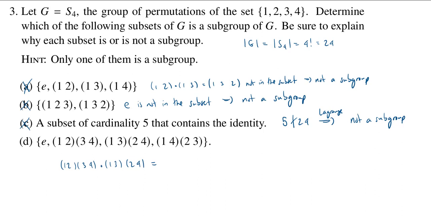All right, so let's see. 1 goes to 3, 3 goes to 4, 4 is fixed, so in total 1 goes to 4. 4 goes to 2, 2 is fixed, and then 2 goes to 1. So 4 goes back to 1. All right, now let's check 2. 2 goes to 4, 4 is fixed. 4 goes to 3, 3 is fixed.